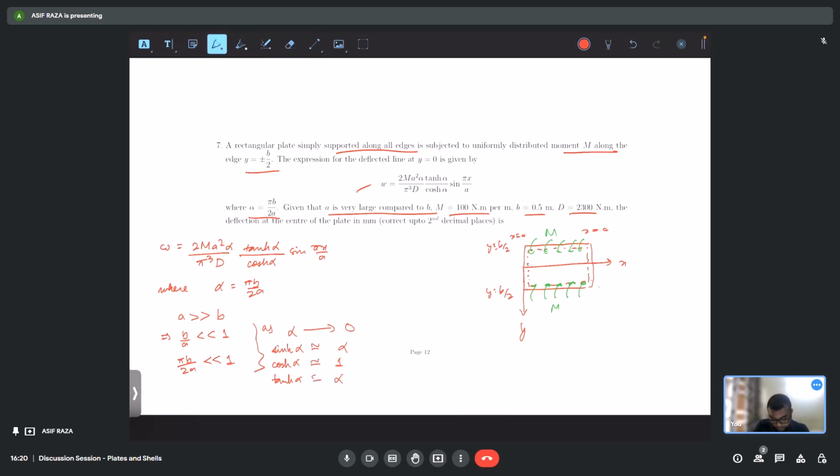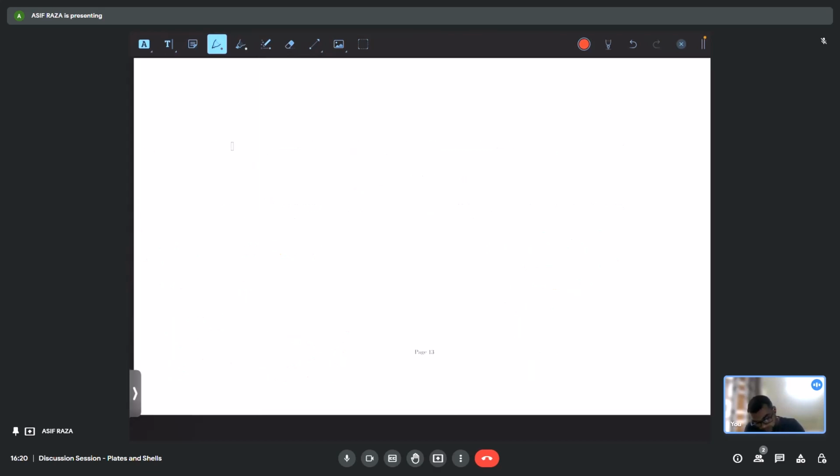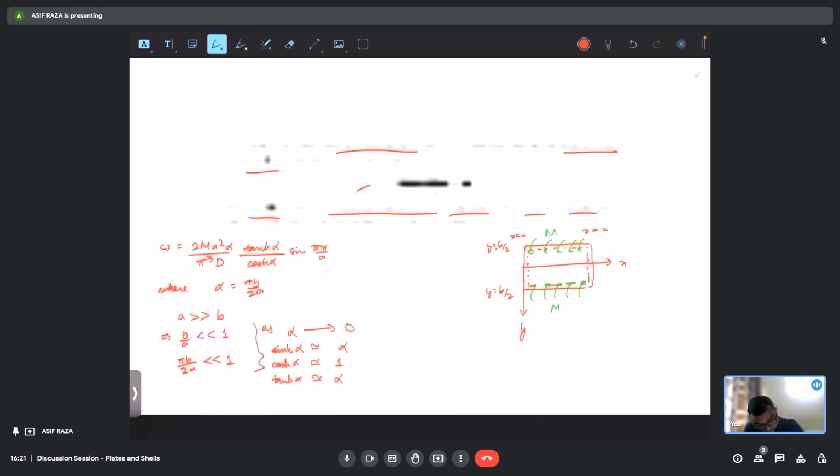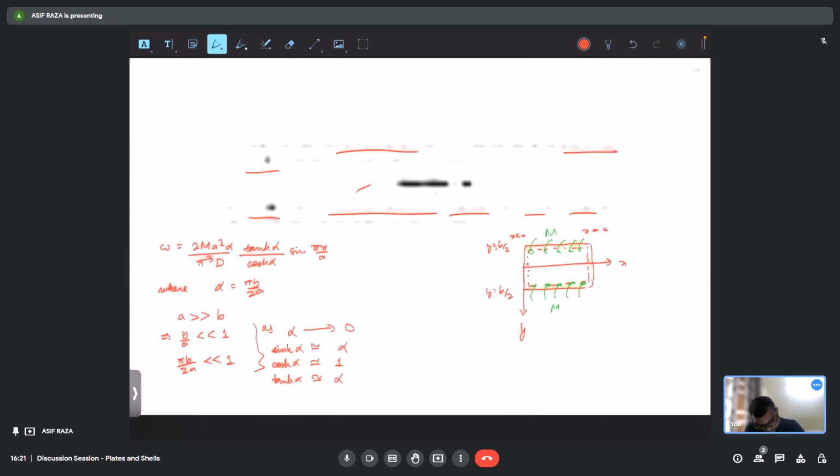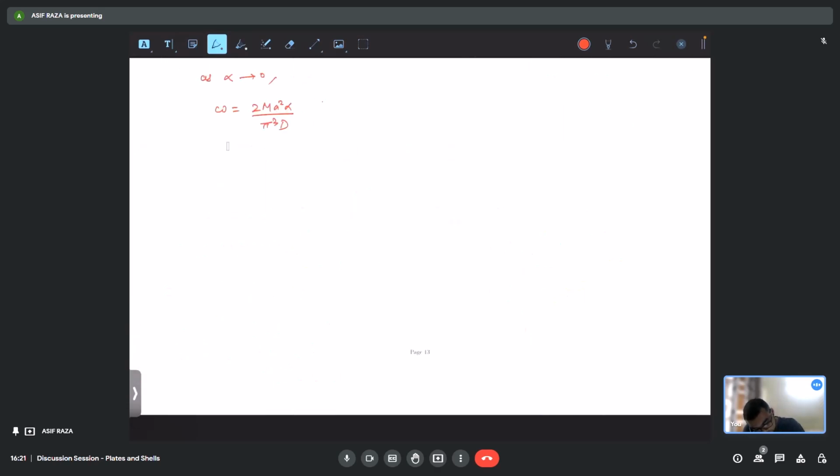So as alpha tends to 0, we have the W relation as 2m a square alpha by pi cube d. Tan alpha becomes alpha, this becomes 1, and sin pi x by a, correct?